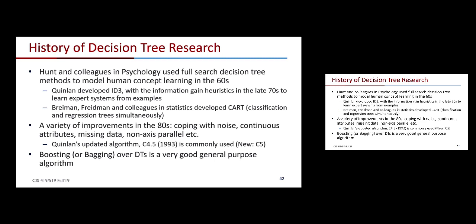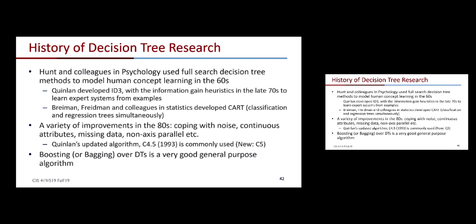It really became an industry in the 70s, many, many years ago, where he introduced information gain. He called it ID3, no idea why. And as I said, it became an industry. A lot of famous statisticians dealt with this.